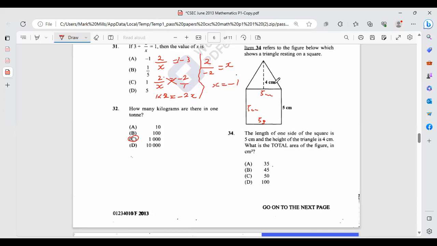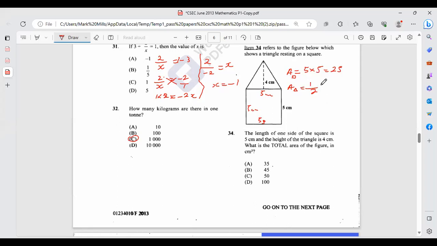How do I find the area of the square? 5 times 5, which gives me 25. Then how do I find the area of the triangle? Half times base times height.